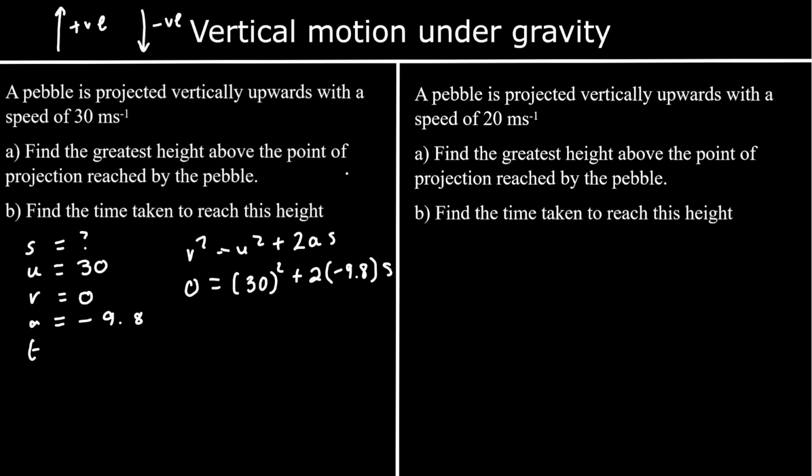So I'm going to add 19.6S to both sides. So 19.6S equals 900. S is 900 over 19.6.